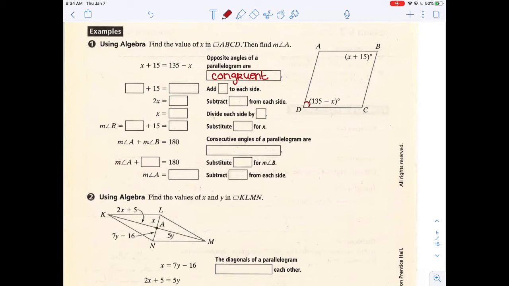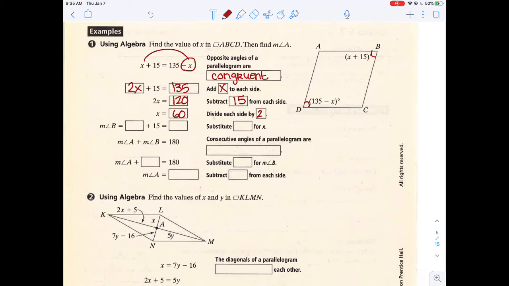So we know that angle D and angle B should be congruent. So x plus 15 equals 135 minus x. So if I add x to the other side, I have 2x plus 15 equals 135. Then I'm going to subtract the 15 from both sides, so I get 120. So 2x equals 120. Then I divide each side by 2, and I get x equals 60.